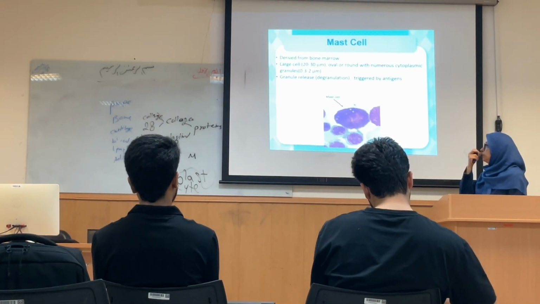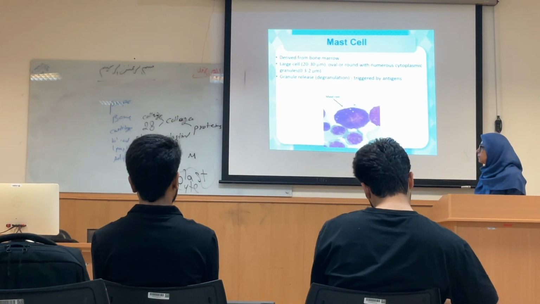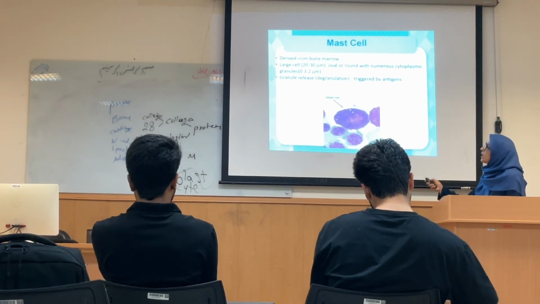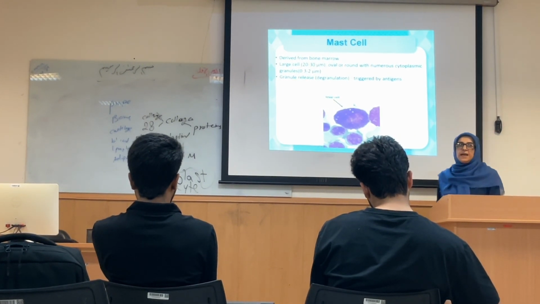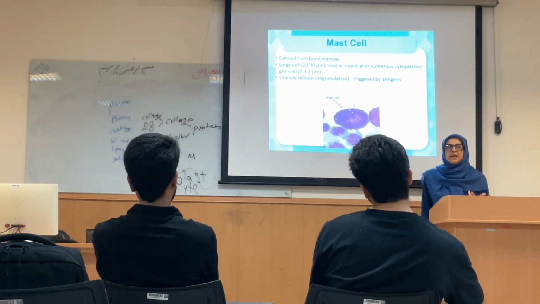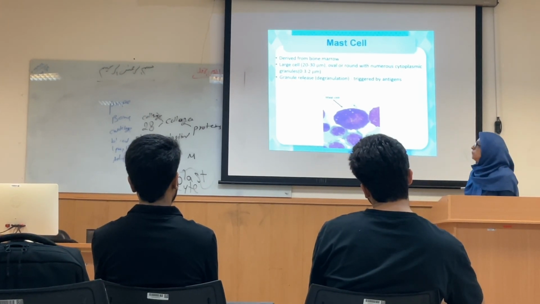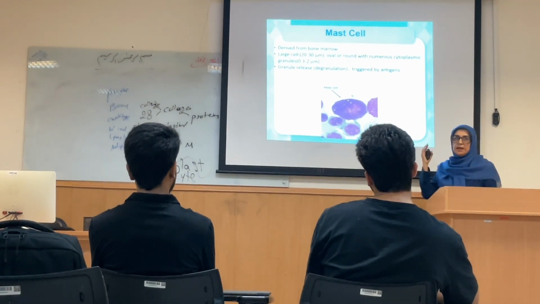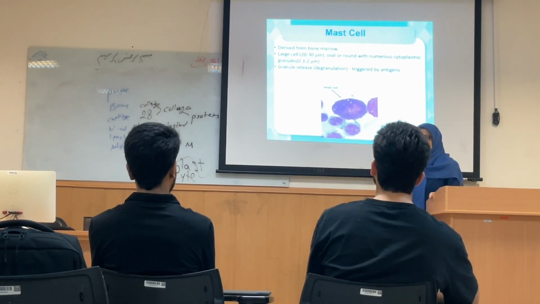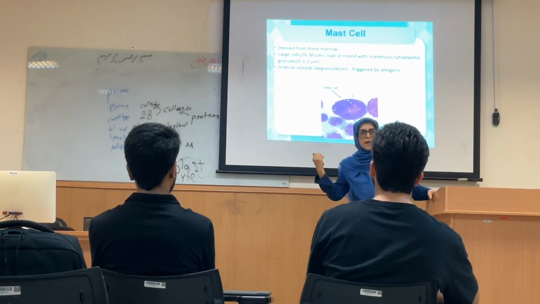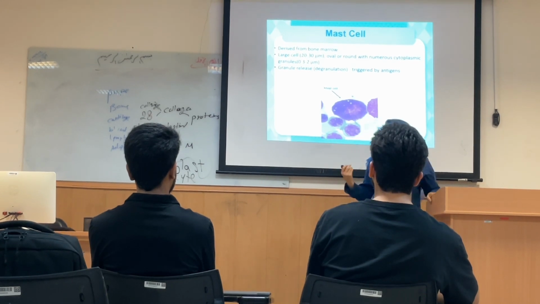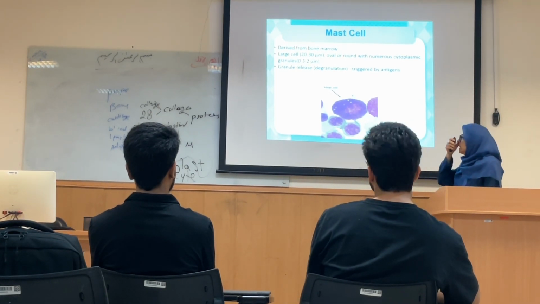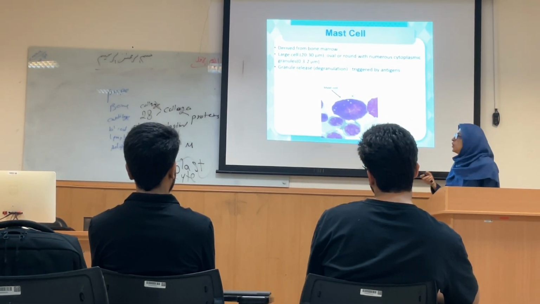Mast cell. Mast cells are derived from bone marrow, because the mast cell is one type of the blood cells that are large cells, but this cell also, when it wants to do its function, should migrate to connective tissue, where it is involved in allergic conditions.